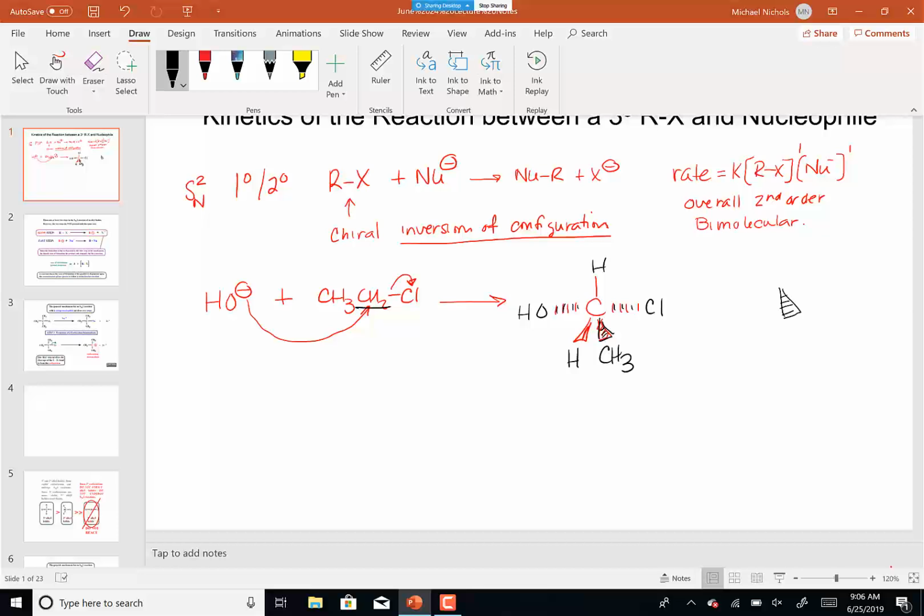Let me see if I can write it bigger here. So I've got the C with the H, then a bold wedge, and then a dashed wedge. And it doesn't matter where you put the hydrogens in the methyl group from the ethyl group. You can put them on any one of those three, just like a Newman projection. It's got to have 2 H's and a methyl. And then the dashed lines go to the chlorine that's leaving, and the dashed lines go to the hydroxide that's coming in.